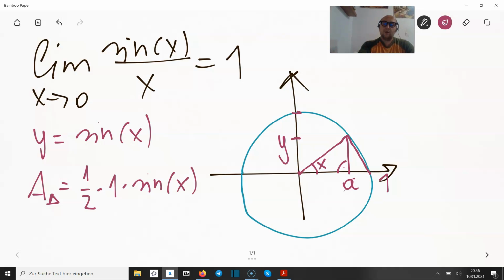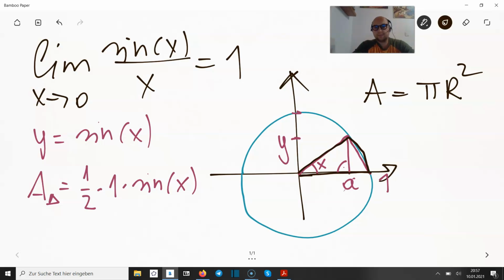Now we're talking about the segment of a circle, so we're talking about this area, and you see it's slightly bigger than the area of the triangle. Well, you should be familiar with the area of the whole circle, which is pi r squared. And we are now talking about the area of a part of a circle, which is given through an angle.